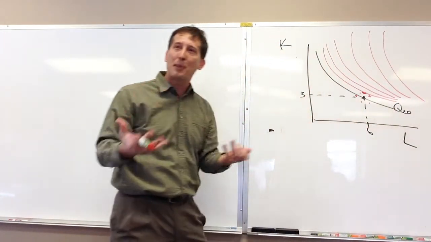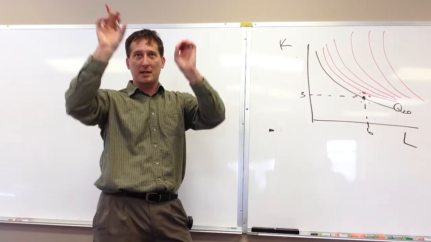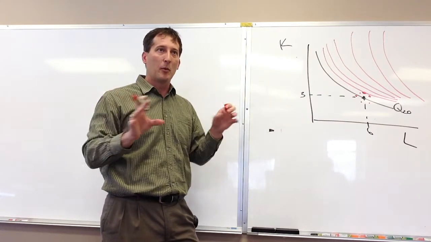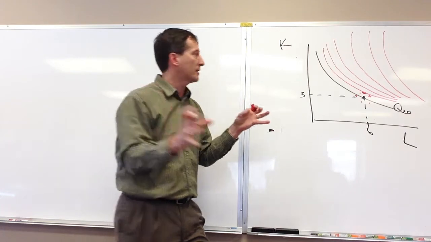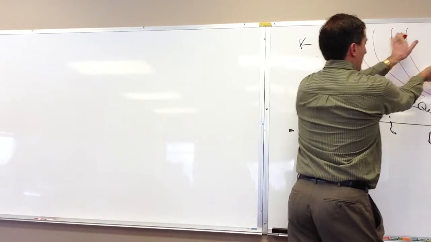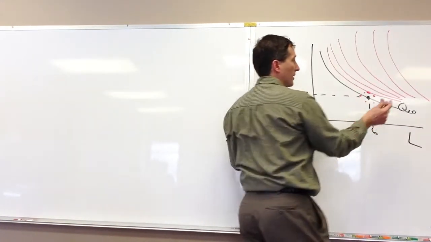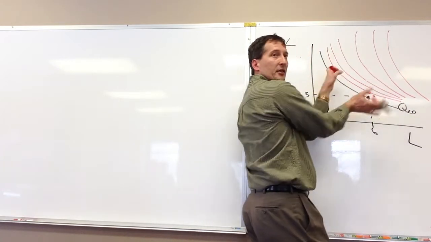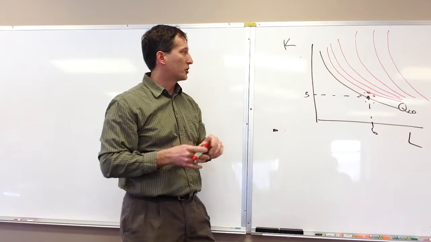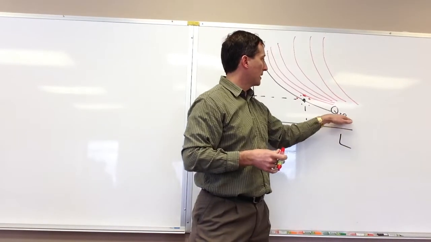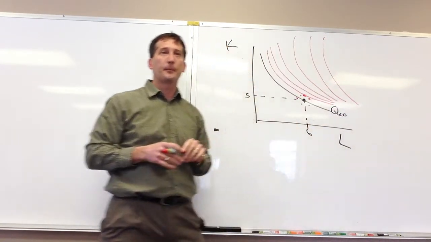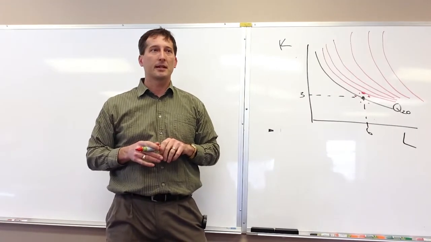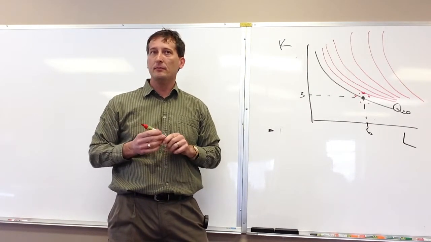The technology is embodied in the functional form, what those exponents are and whatever that mathematical equation is, that determines the shape. And so yes, you're absolutely right. Because we held it fixed at 20, that's what's giving it more bend or shape, as opposed to a shift. A shift is always at a higher quantity. Good distinction. Okay, anything else?